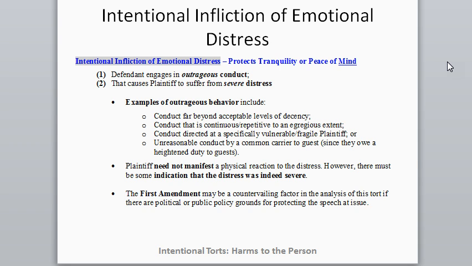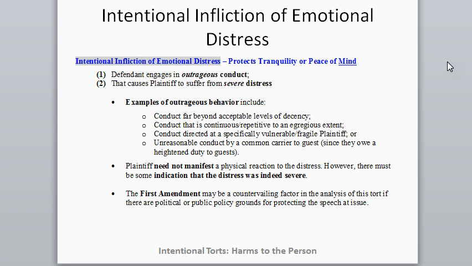A stalker, someone doing something really, it's hard to think of these things sometimes, but it's sort of the sniff test here. If the defendant is acting in a way that is simply beyond the bounds of normal decency, that might qualify. This is sort of a catch-all, because you're saying the defendant did something that was so bad that it made me upset.